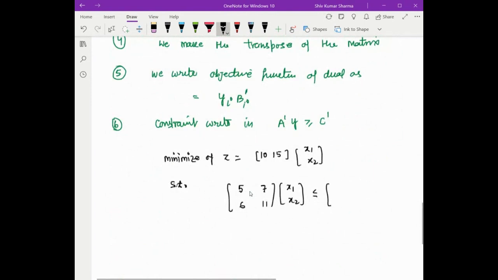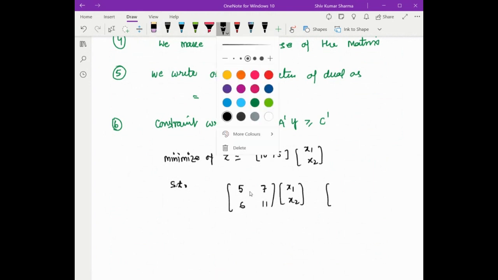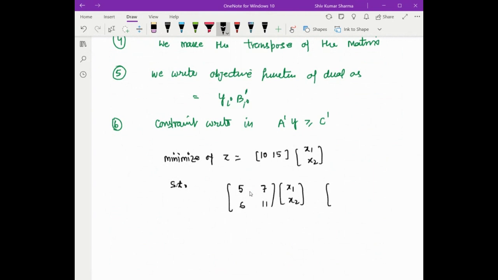Sorry, here it is greater than equal to. This is the greater than equal to 80 and 100.